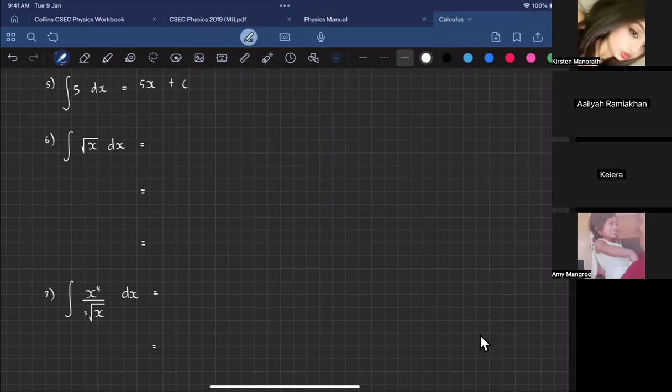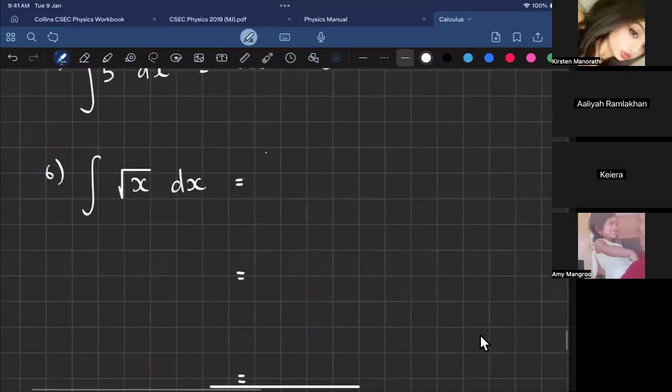Yes, what was the first step in question 6? Could you tell me the first thing you did? I changed the square root to the power, so it'll be a half. Correct.